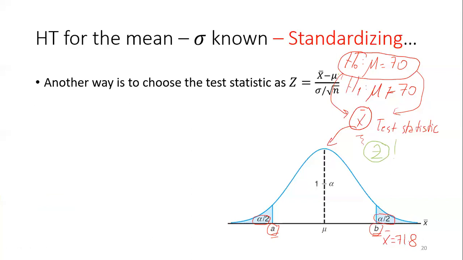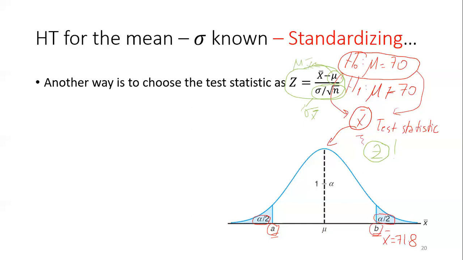Remember, we can convert any normal random variable using a transformation. X bar is a normal random variable, so we subtract its mean and divide by its standard deviation. Remember, the standard deviation of X bar is sigma divided by root n, and this is the mu of X bar.